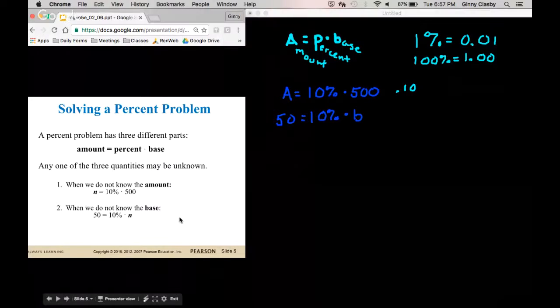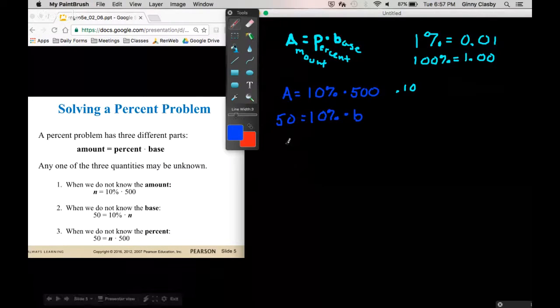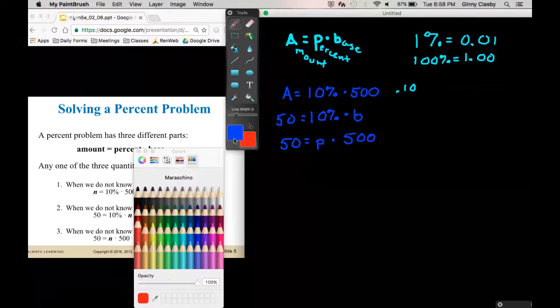Your other option is you might not know what the percent is. So you would have your amount, you would have an unknown percent, and you would be multiplying that by your base.